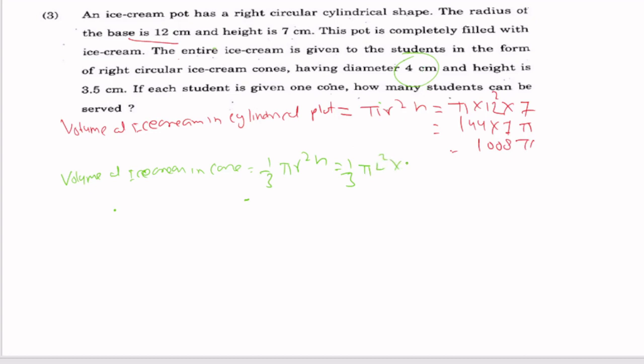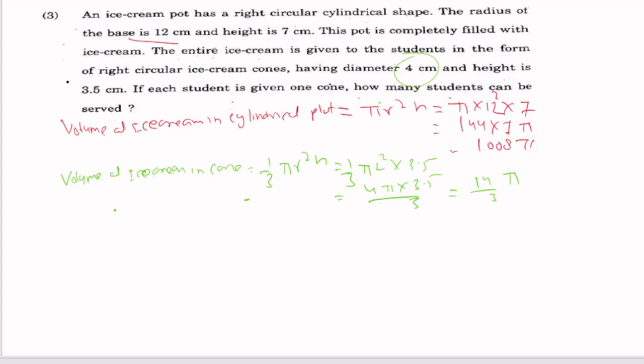So 2 square into 3.5. 2 square is 4, so 4 pi into 3.5 divided by 3. Now 4 into 3.5 is 14, so this becomes 14 pi divided by 3. Again, we don't have to do the division over here also; we'll keep it as it is.